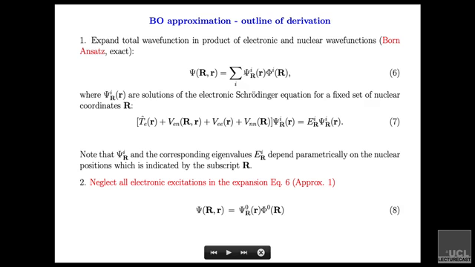And these electronic wave functions, you choose them so that they are eigenfunctions of the time-independent electronic Schrödinger equation for a fixed set of these nuclear coordinates R. So this is shown here.